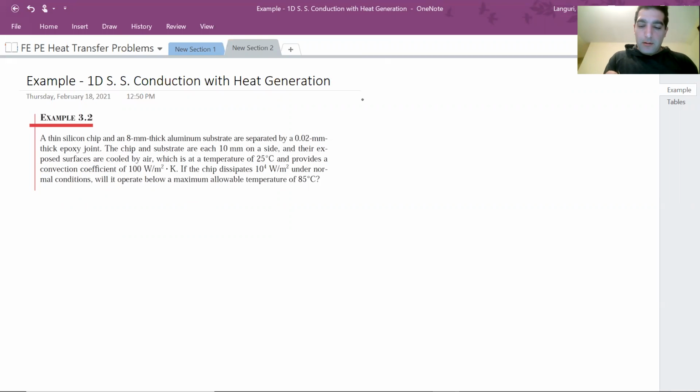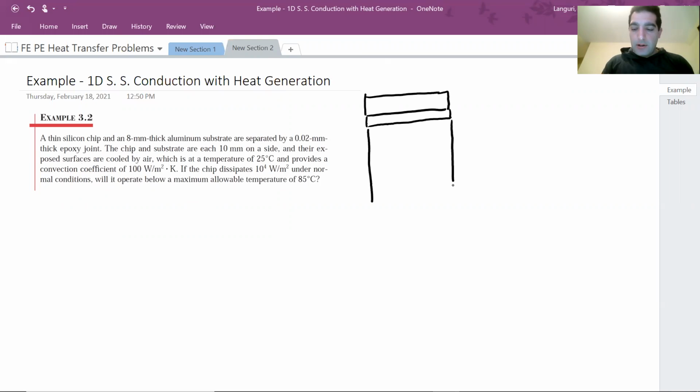So in this problem, we have a silicon chip, this layer, which is connected to an aluminum substrate underneath through an epoxy. So this is my silicon chip. Then inside it has electronics which generate heat.